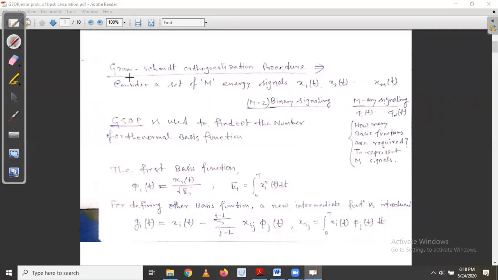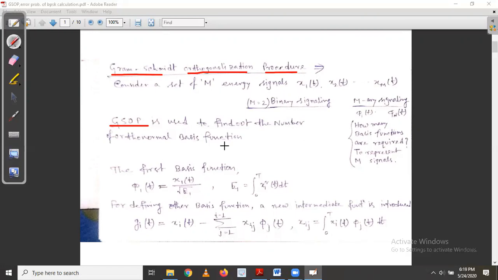Now the new term is the Gram-Schmidt orthogonalization procedure. What is that? In short, GSOP, which is used to find out the number of orthonormal basis functions. How many basis functions will there be?